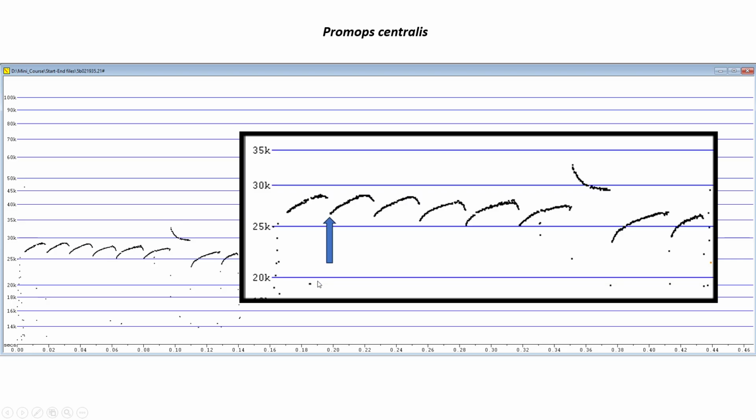So if we zoom in, F start, F end. F start is actually close to the minimum frequency. F end is actually close to the maximum frequency.